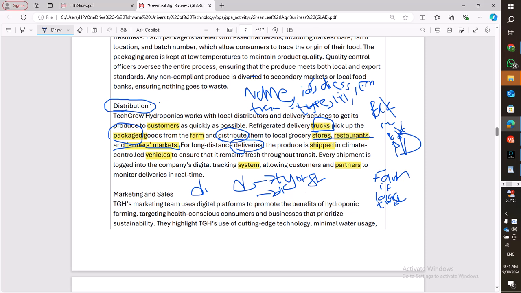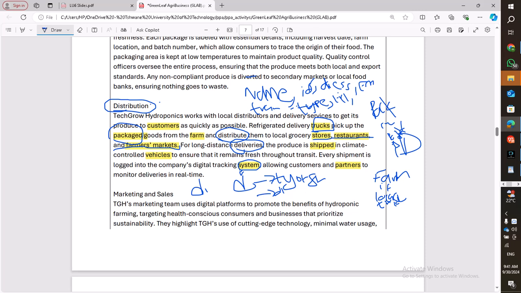Delivery can include this one. Then every shipping is logged into the company system. The system can let you log in and also allow the customer and partner to monitor delivery in real time.